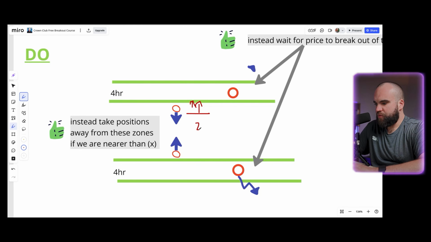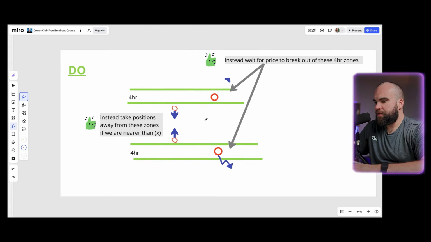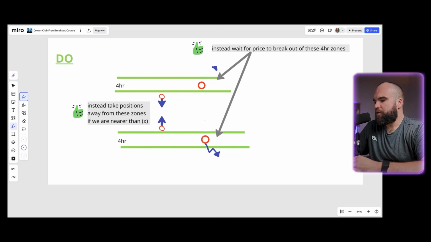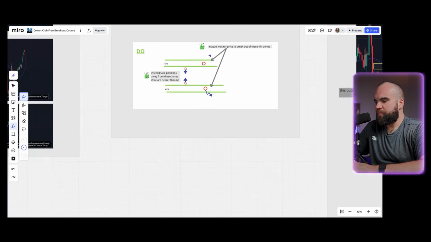If my stop loss is 25 pips, I need at least 25 pips of room here before I get involved in a trade. Okay, otherwise I'm just looking for sell trades. And this is kind of how I determine the bias of my trades.